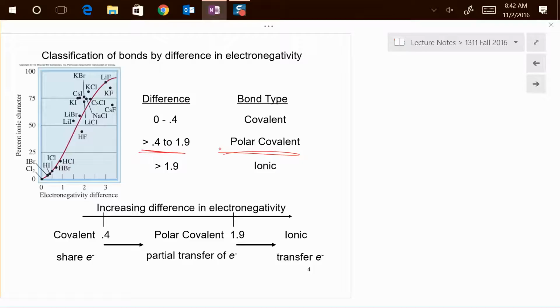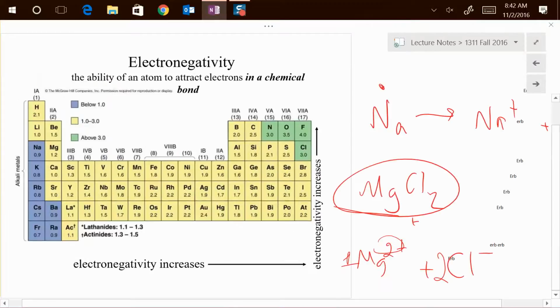So that's why, if I look at a compound between oxygen and chlorine, oxygen has an electronegativity of 3.5. Chlorine has an electronegativity of 3.